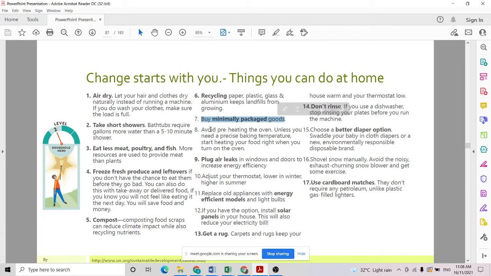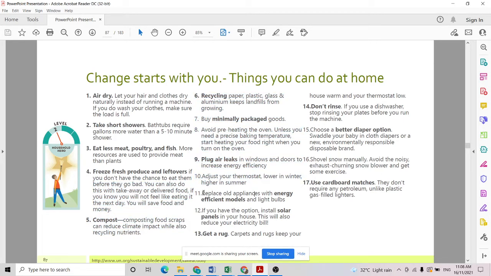Avoid preheating in the oven unless you need a very precise baking temperature. Start heating your food right when you turn on the oven. Plug air leaks from your window or door. This is when you talk about the air conditioning or heater, so adjust your thermostat.